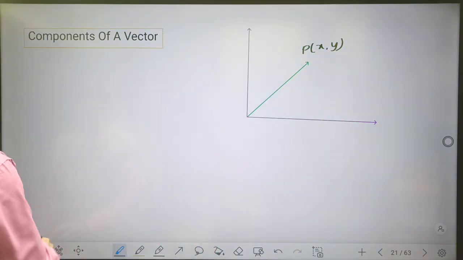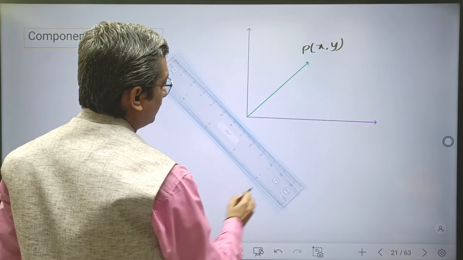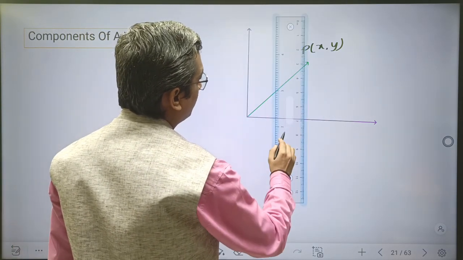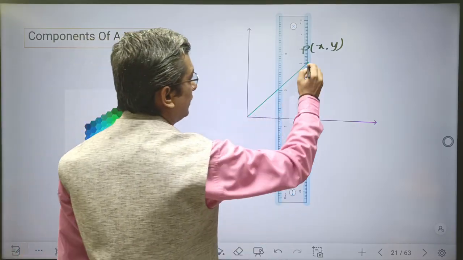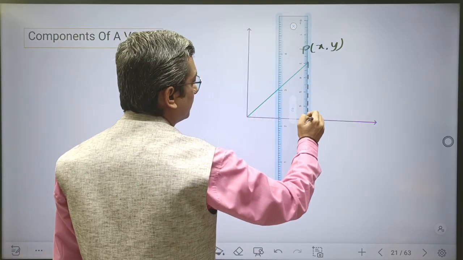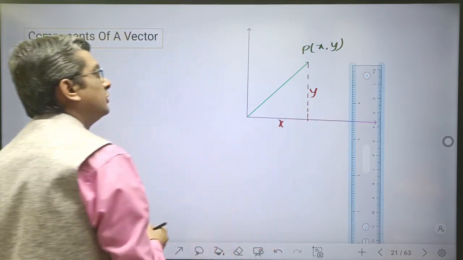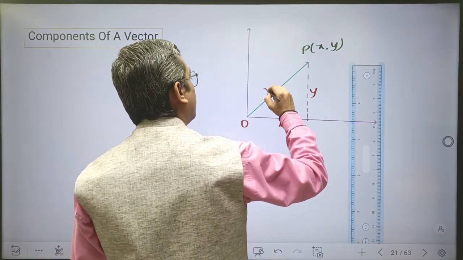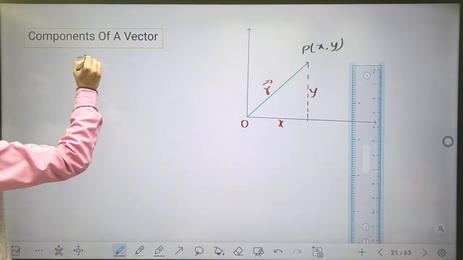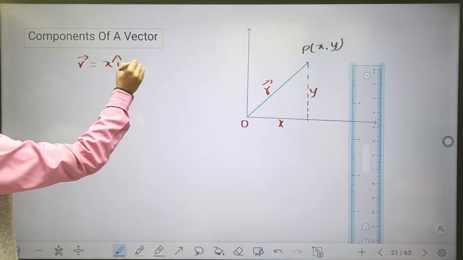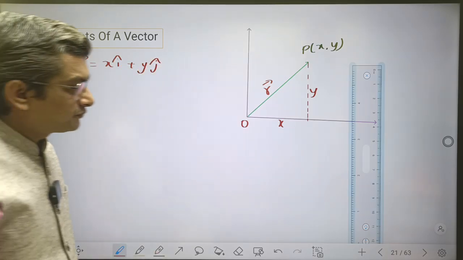Now how can we take components? Suppose I drop a perpendicular from point P to the x-axis. As we know, this is y and this is x. This is O. The position vector of point P is given by r vector. So r vector is equal to x i cap plus y j cap.